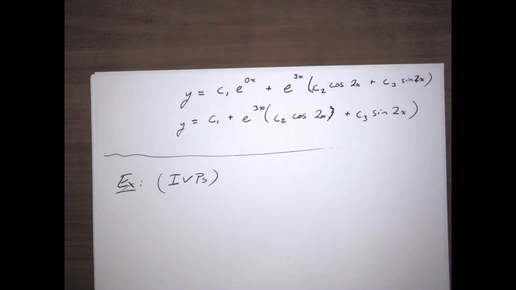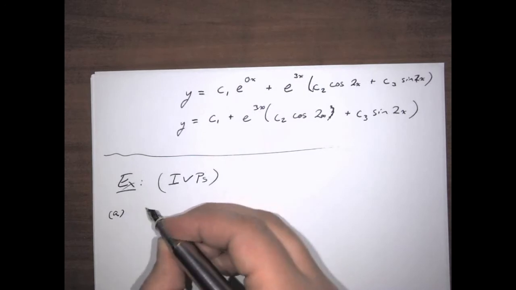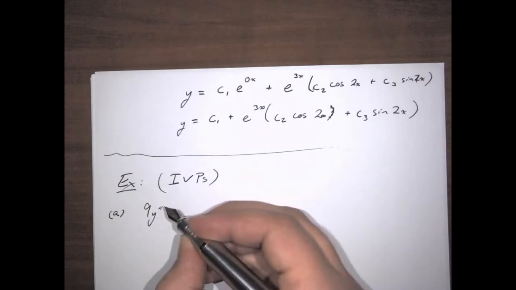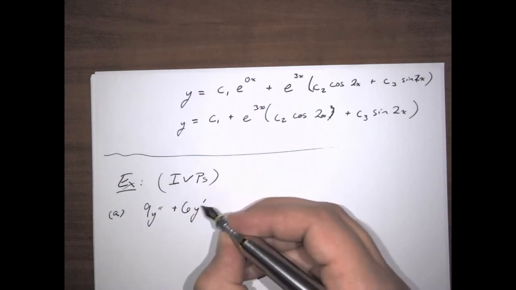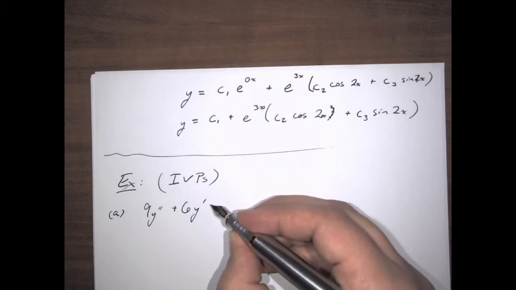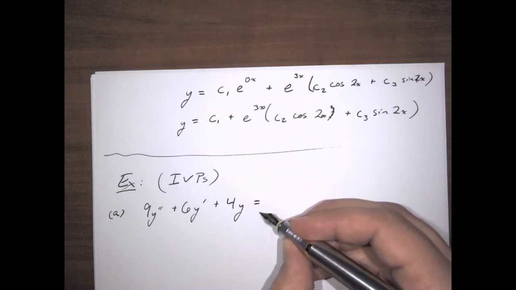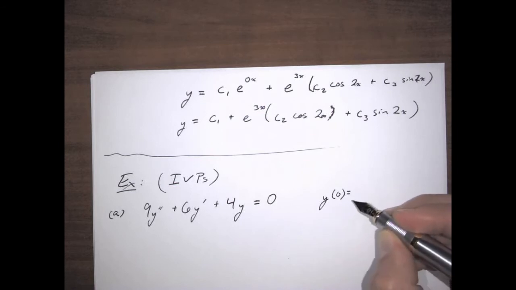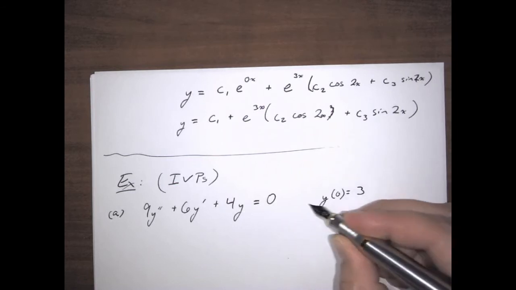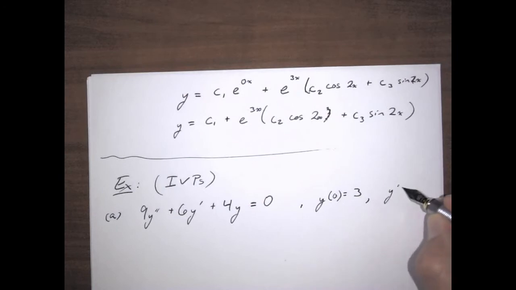So, for example, let's take the initial value problem 9y double prime plus 6y prime plus 4y is equal to 0, with y of 0 given to be 3 and y prime of 0 given to be 4.